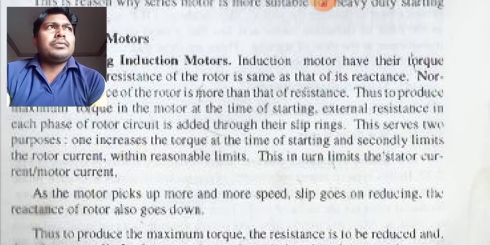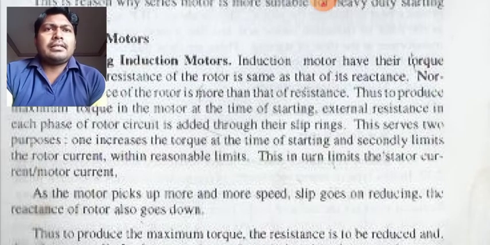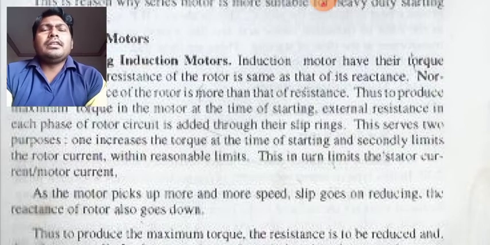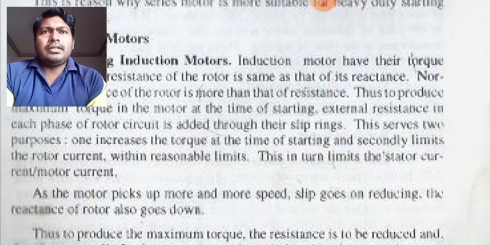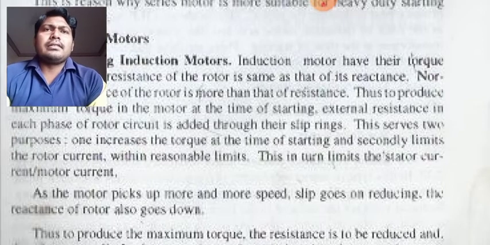Now, if you remember from your practical classes, the slip ring induction motor starters limit the current also. How do they limit this current? By introducing this resistance. After introducing resistance, we found that the torque is also increased. So we are achieving two purposes.